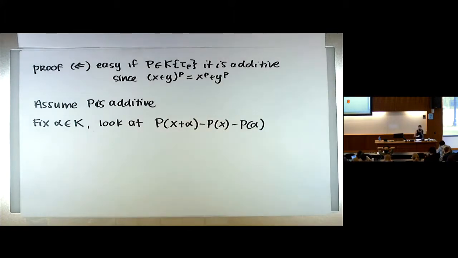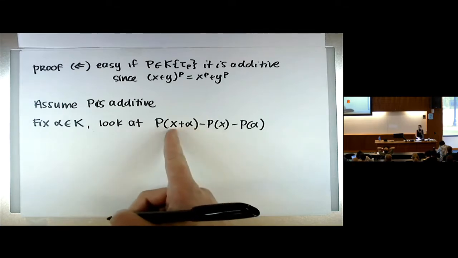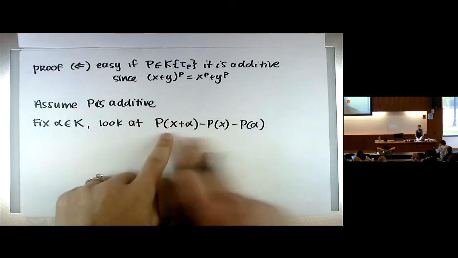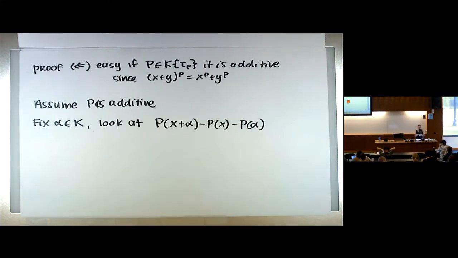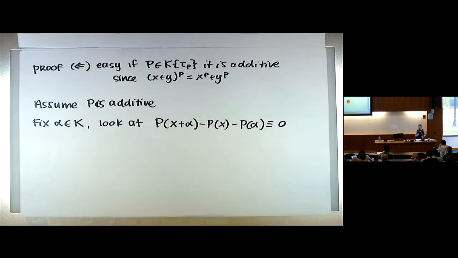Okay, this has infinitely many roots. Here alpha is a constant, but x is an indeterminate, so this is a polynomial in x, and whatever I plug in from my field, which is infinite, I get 0, right? Because my polynomial is additive. So a polynomial that has infinitely many roots has to be identically 0, which I'll denote with these three bars. So this is the 0 polynomial. That's where I use that my field is infinite.